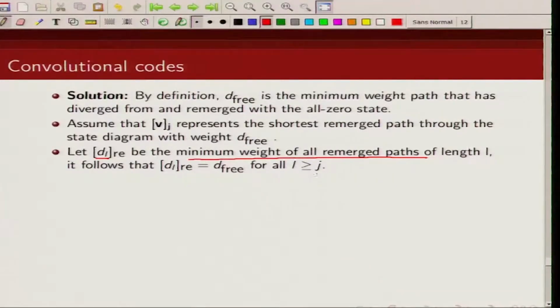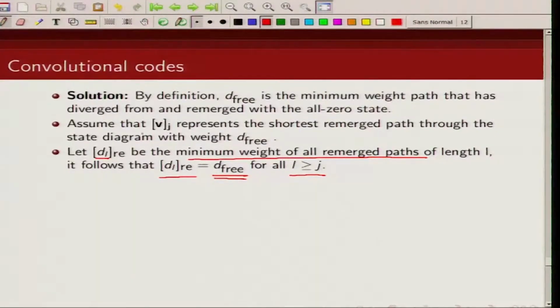So, if you have any time greater than this j, then your column distance function will be equal to the free distance. Why is this so?